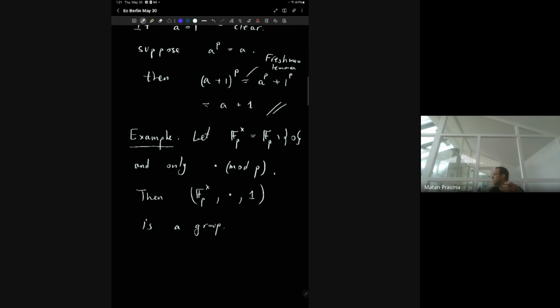Whatever you put into it, you can move the brackets from the beginning to the end. So the neutral element plus associativity axioms are immediate.